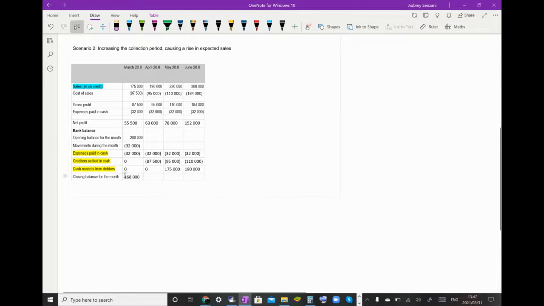This closing balance, I'm going to highlight it in green, is the opening balance for the next month. So here we're going to put 168,000. Done. Then we need to calculate the movements. So 32,000 plus 87,000. Let's do it on the screen.